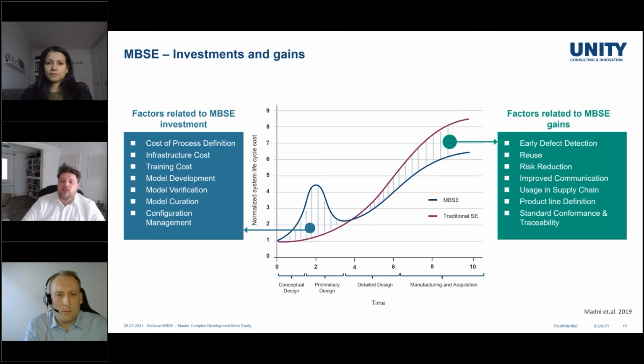If you are designing your model structure in a good way, you have improved communication. There's a potential for usage in the supply chain. I talked about product line definition, and of course, last but not least, with a well-structured model and some clever enhancements, you get a lot of standard conformance, traceability and documentation from it. And as the connection information is in the model, there's a lot of potential to be gained.